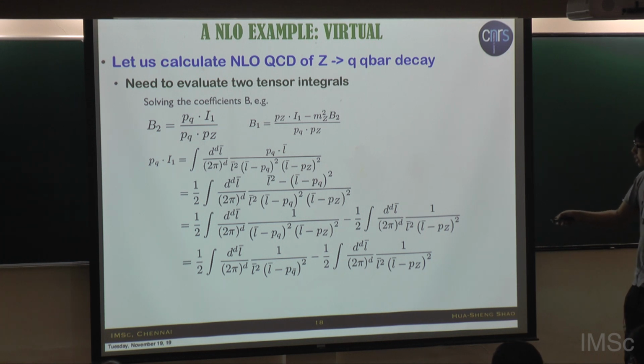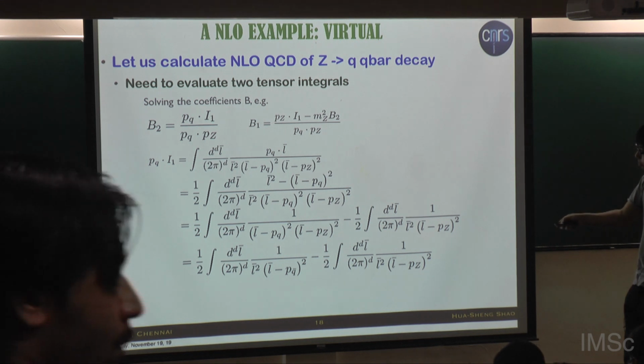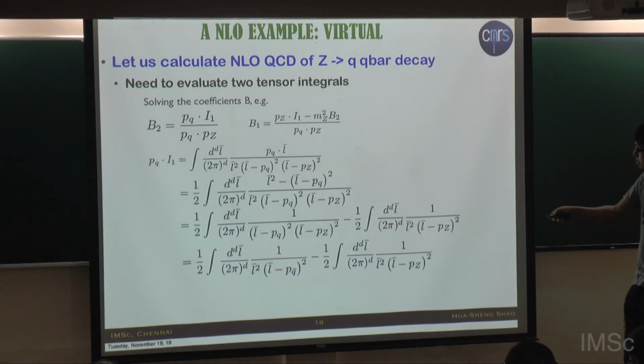So then you can cancel the numerator against one of the propagators. Then you come back to integrals with fewer propagators, the bubbles, two-point functions, from the three-point functions. Also the numerator is 1, so it's not a tensor anymore.